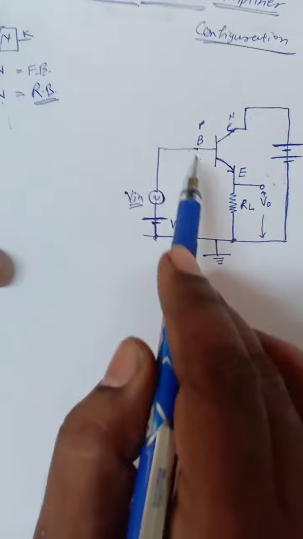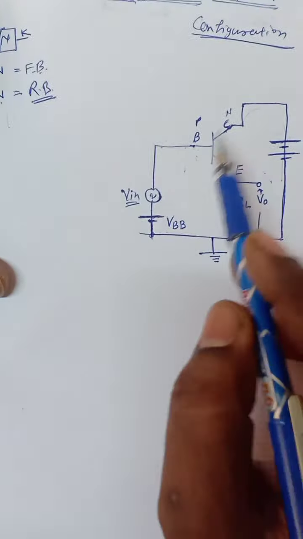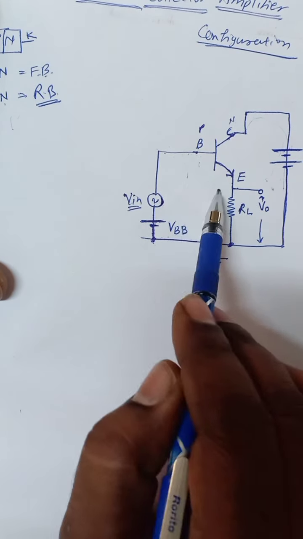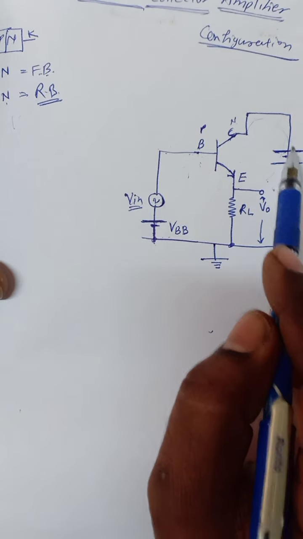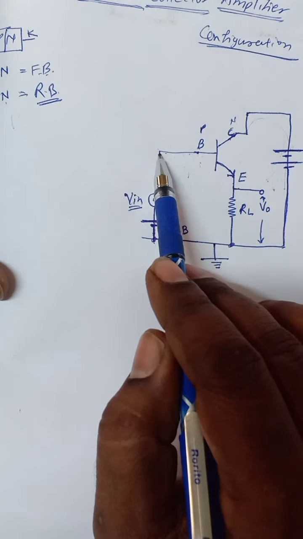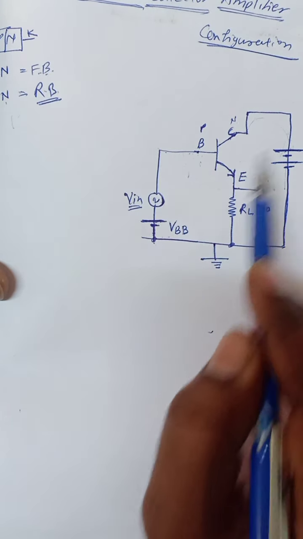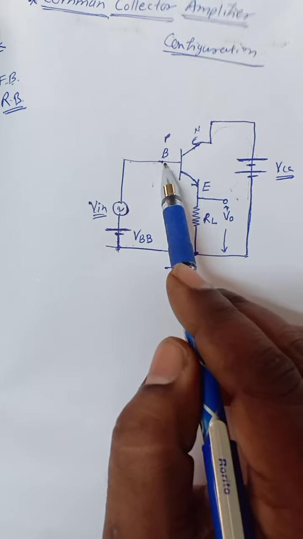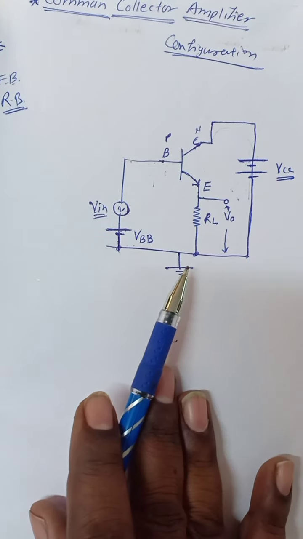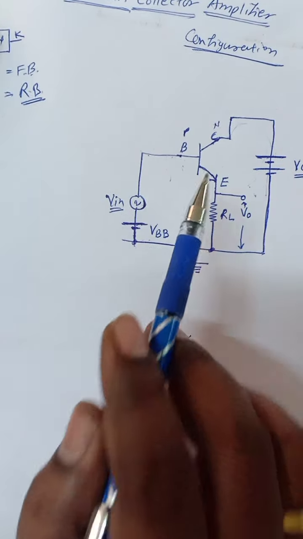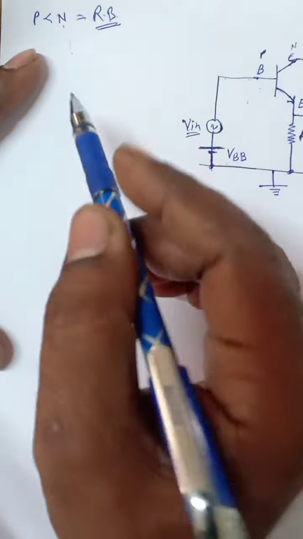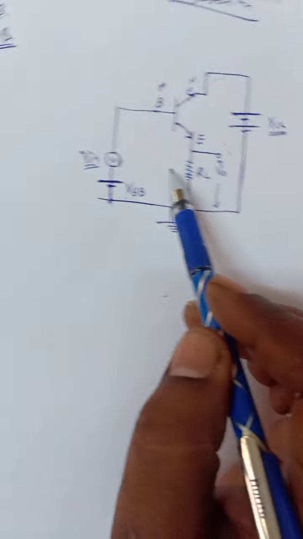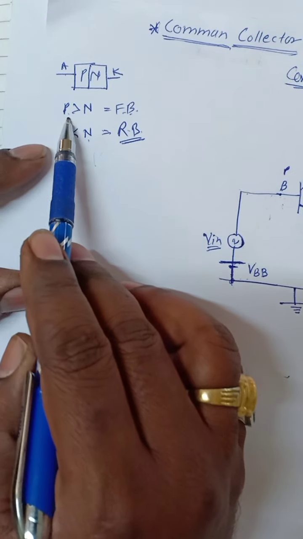This is satisfied by the base to emitter and base to collector junctions. Because the base to emitter junction is forward biased, here N is at higher potential and here P is at lower potential compared to these two battery sources. So the base to collector junction is reverse biased and the base to emitter junction is forward biased. This condition is satisfied with these two voltage sources.